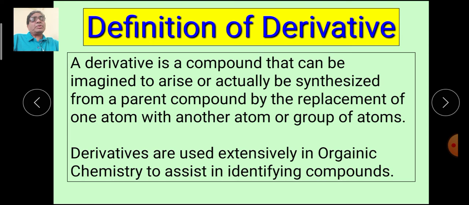A derivative is a compound that can be imagined to arise or actually be synthesized from a parent compound by the replacement of one atom with another atom or group of atoms, and these derivatives do not change the original properties of the compound.